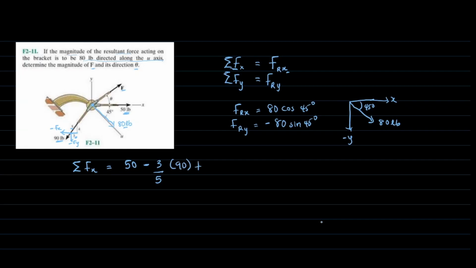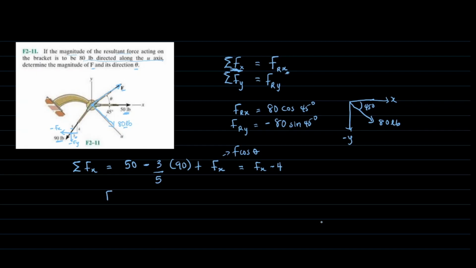plus the third force is right here. And since we don't know it, we're simply just going to write Fx for its x component force. It can also be F cos theta, but I'm choosing to write it as Fx. Now the result is going to be Fx minus 4. Now remember we said we can equate the summation to the resultant force in the x component.